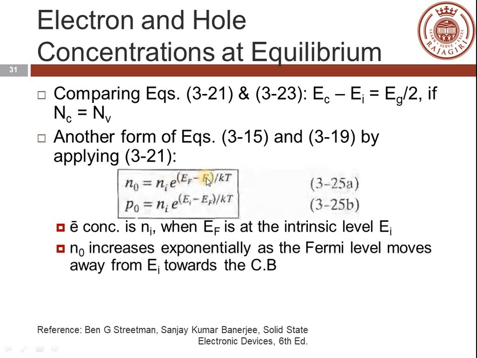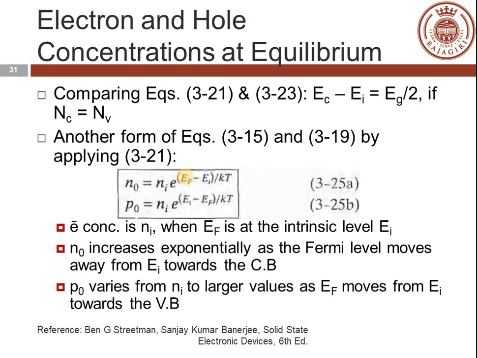Also, if Ef is not equal to Ei, n0 will increase exponentially, because we have an exponential term, as the Fermi level moves away from Ei towards the conduction band. Similarly, p0 varies from ni to larger values as Ef moves away from Ei towards the valence band.